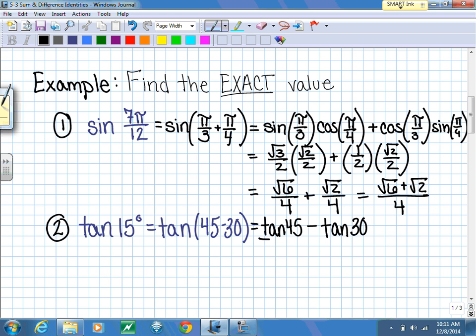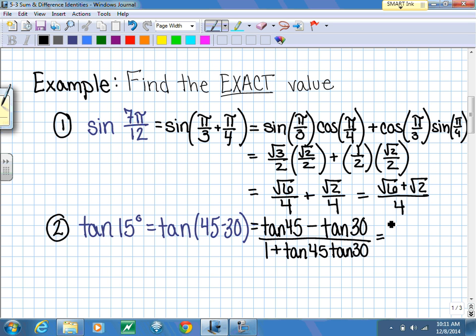And then we're going to divide all of this by 1. And this time, since I'm subtracting, I'm using the difference, because it's minus plus on the formula that we have. Since I'm subtracting here, I'm actually going to be adding, so 1 plus the tangent of the first value of 45 degrees times the tangent of the second value, which is 30.